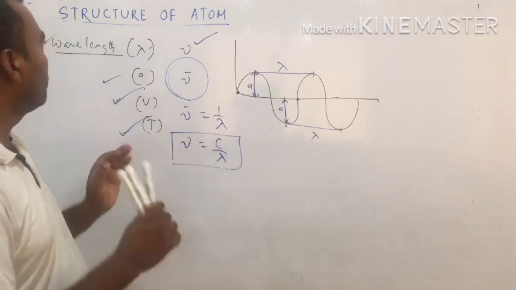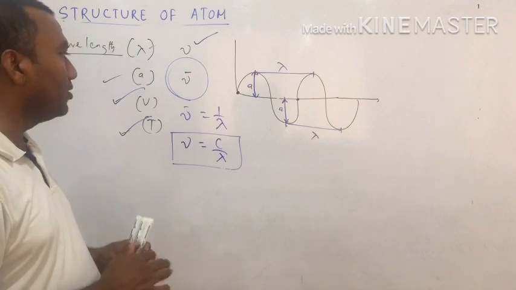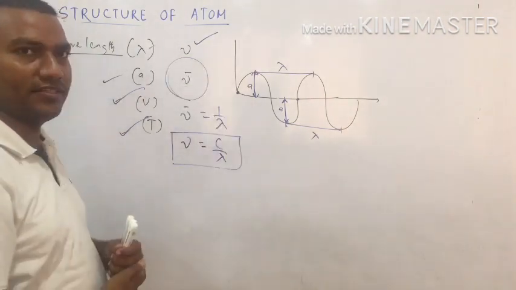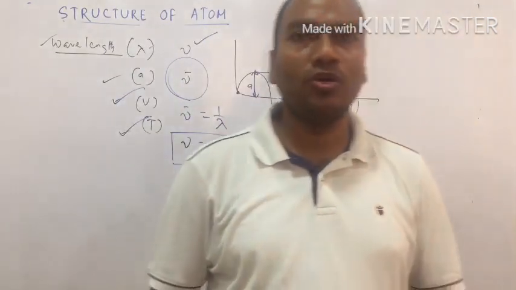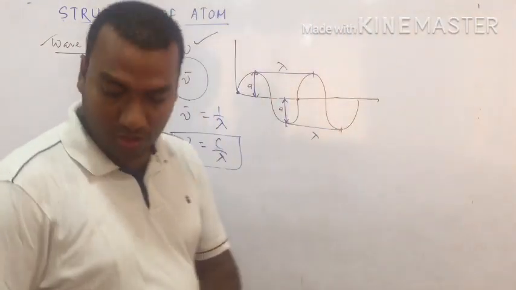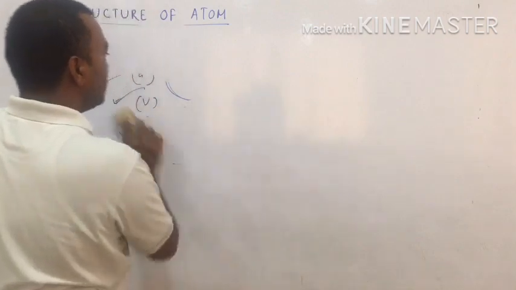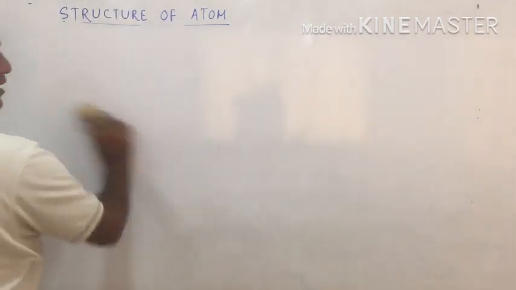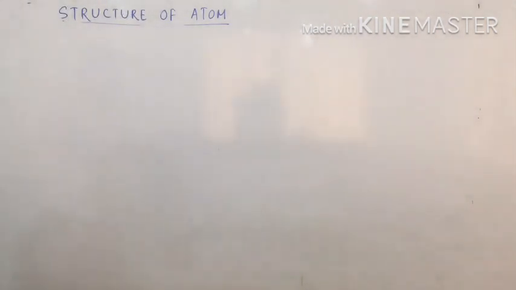And when we arrange all the radiations in a specific sequence, in increasing wavelength or decreasing frequency, this is known as the electromagnetic spectrum.